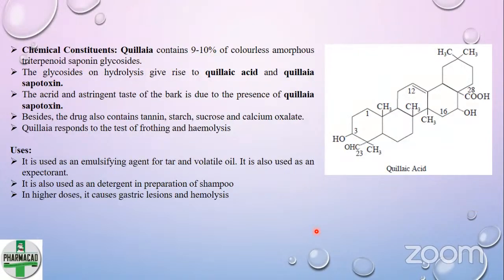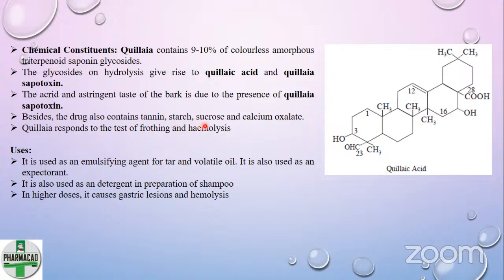Then Quillaja contains 9 to 10% of colorless amorphous triterpenoidal saponin glycosides, which on hydrolysis give quillaic acid and quillaja sapotoxin. The acrid and astringent taste of the bark is due to the presence of quillaja sapotoxin.